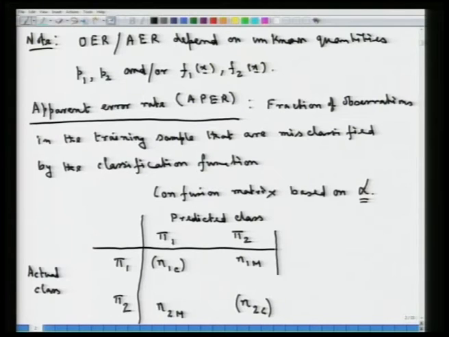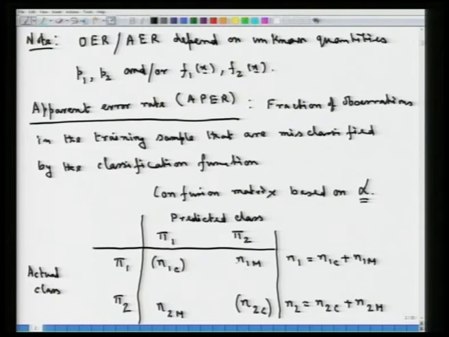Now, the total cardinality of this learning sample L, suppose it is N, then we will have this, suppose, as the sum of these two numbers. So, this is N1C plus N1M. So, this N1 is the number of observations belonging to the first population in the learning set L, and this is N2, which is the number of observations belonging to the second population in the learning set, and this is the sum of N2C plus N2M.